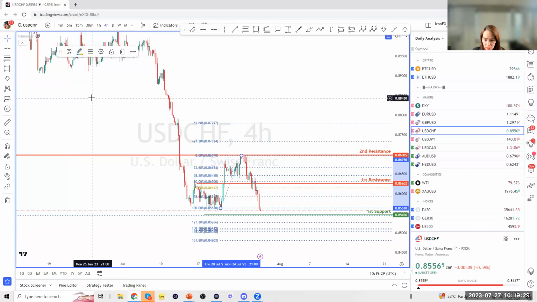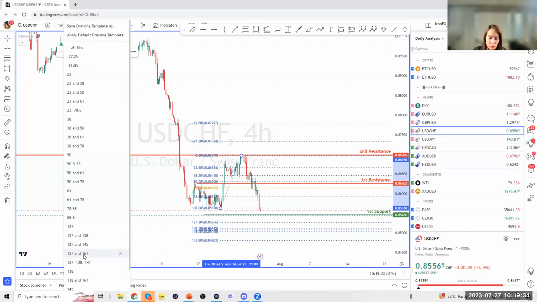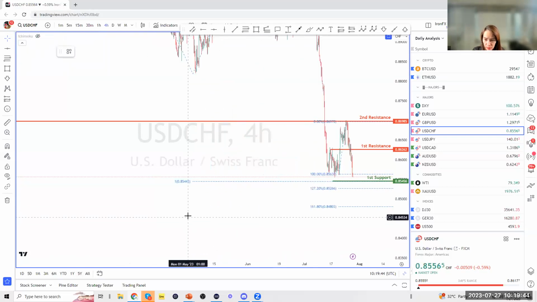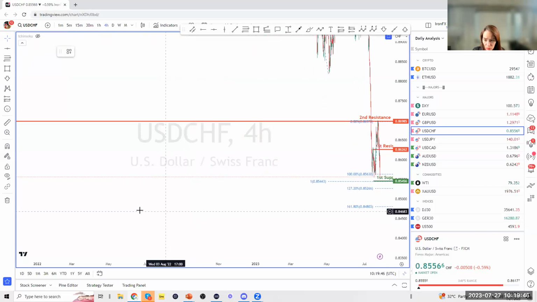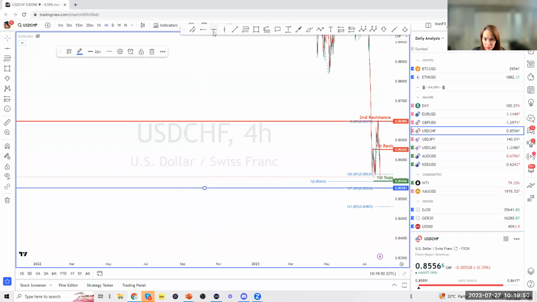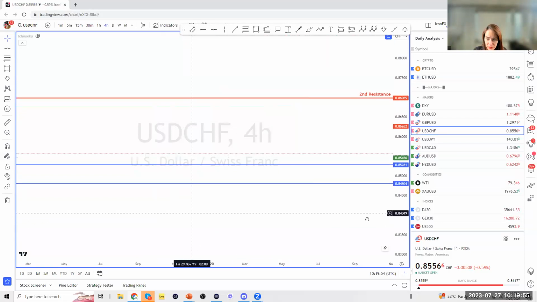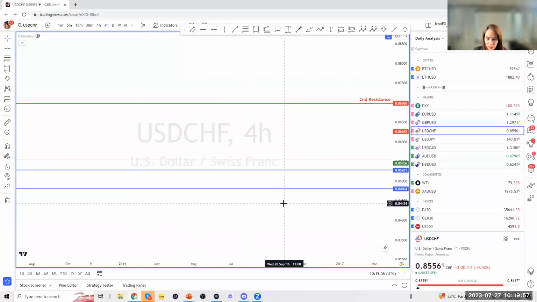Okay, and then you will have maybe these two levels that you may need to keep an eye on, because we have extension 127 and 61.8%, which if I were to go all the way to the left, let me see.